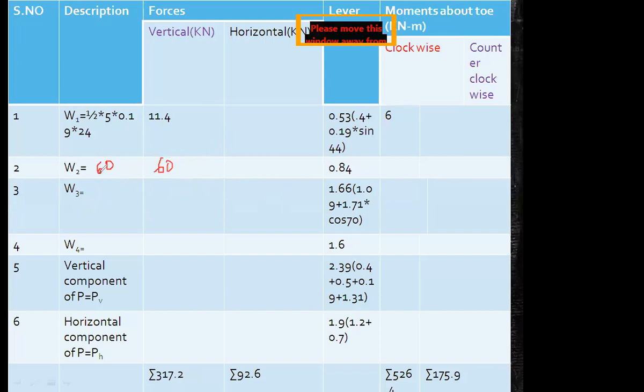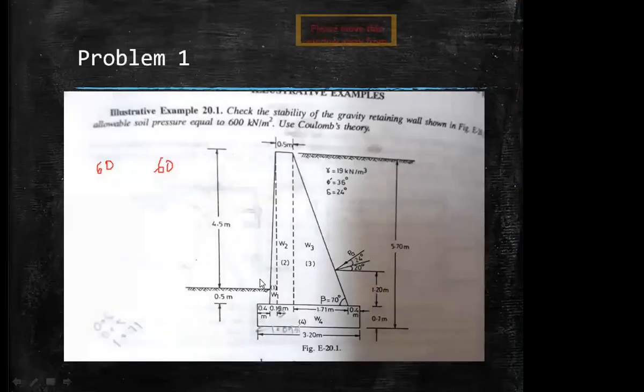Now how to consider the lever arm? 60 you can mention here, the formula you can write here. Okay, right. Now the next part is the lever arm. We need to calculate the lever arm for this rectangle. So how to calculate this now? Perpendicular distance.